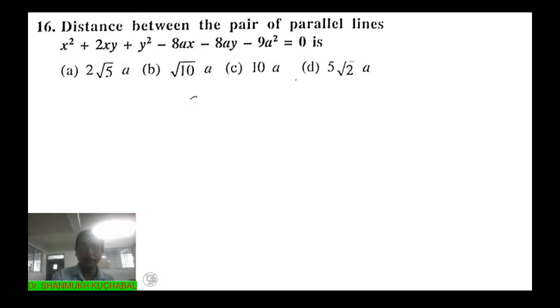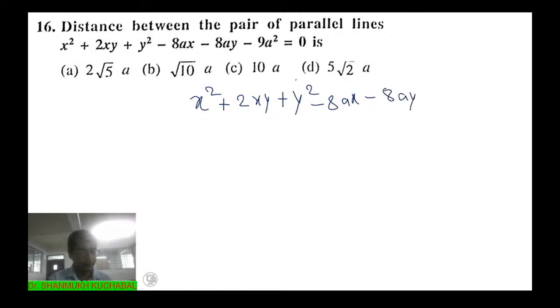It is x square plus 2xy plus y square minus 8ax minus 8ay minus 9a square equal to 0.